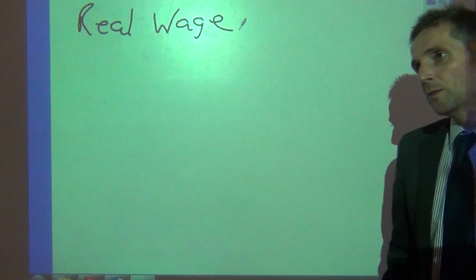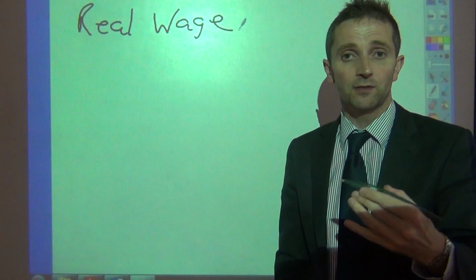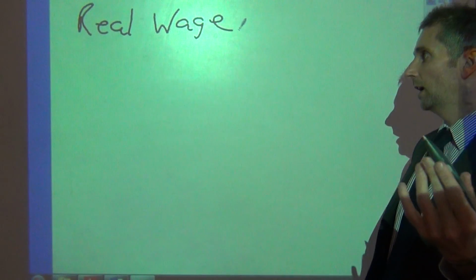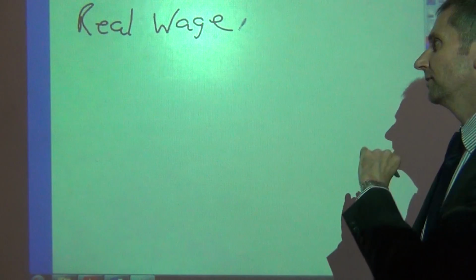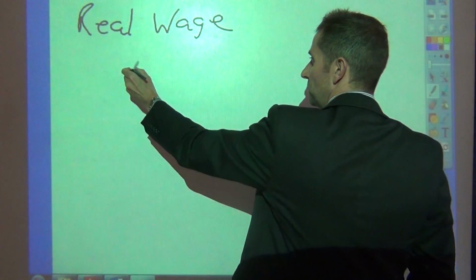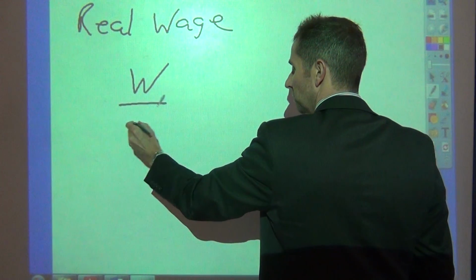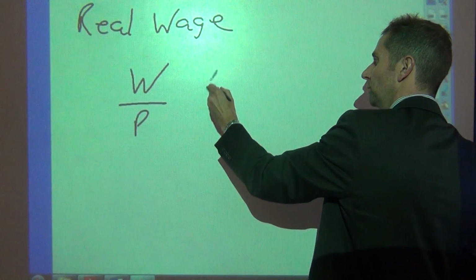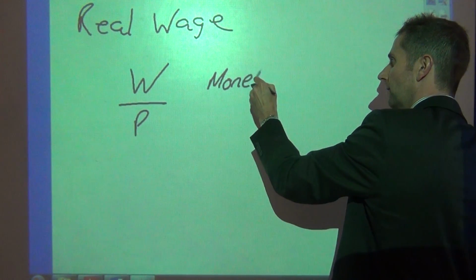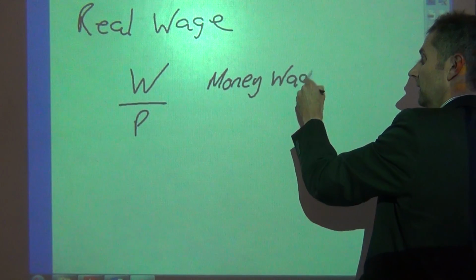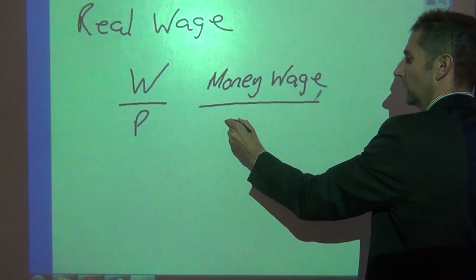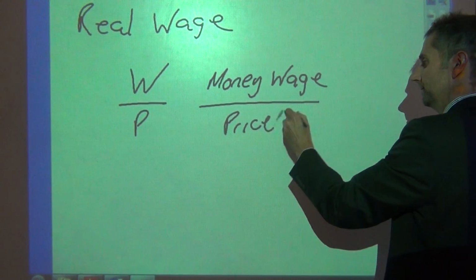tells you how many goods and services you can buy with your income at a given price level. And the equation for it is usually simply W over P, W being your money wage, and P being the price level.